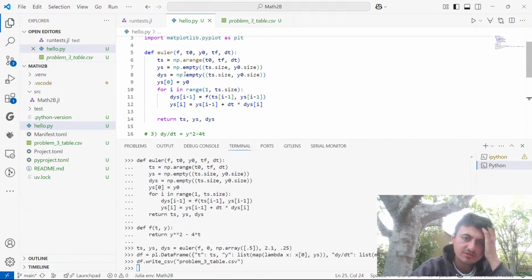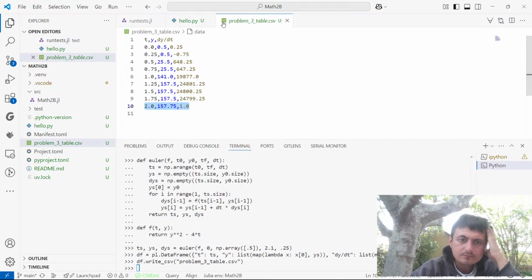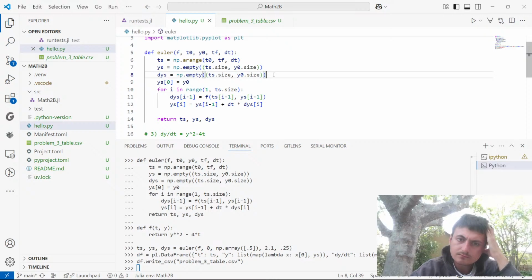And the last step, let's just make sure the last step is right. What is setting it to 1?